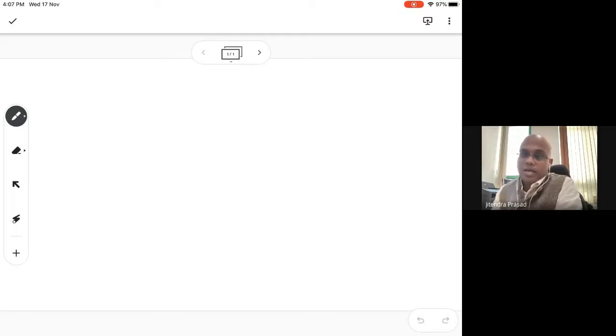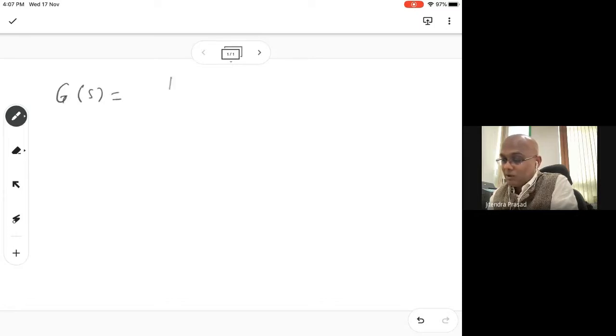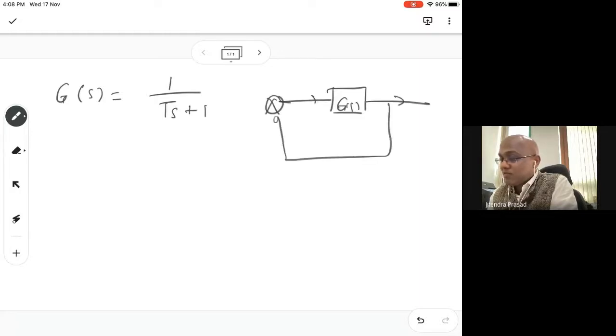Yeah. Okay. So the question was, if you have G of s given as 1 over tau s plus 1, right? This is a transfer function given, and this is the open loop transfer function, let us say G(s) here. Typically you have the open loop transfer function, and then you make a closed loop out of it.